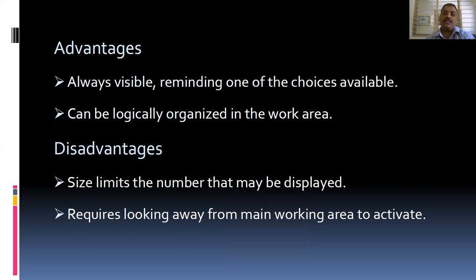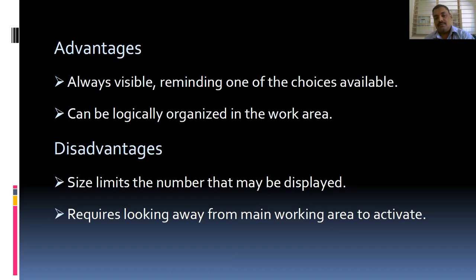Next, come to the advantages of the button. It is always visible, reminding one of the choices available, and can be logically organized in the work area. For example, the submit button need not be at the bottom of the application form. You can place it in the left bottom corner, or sometimes at the top also. So you can logically organize it in any work area.